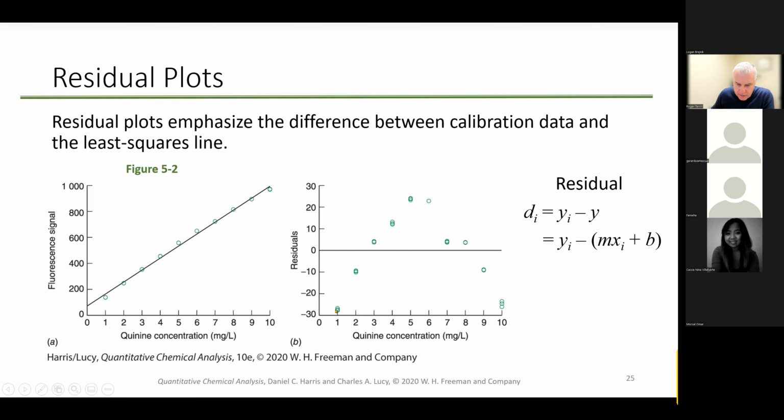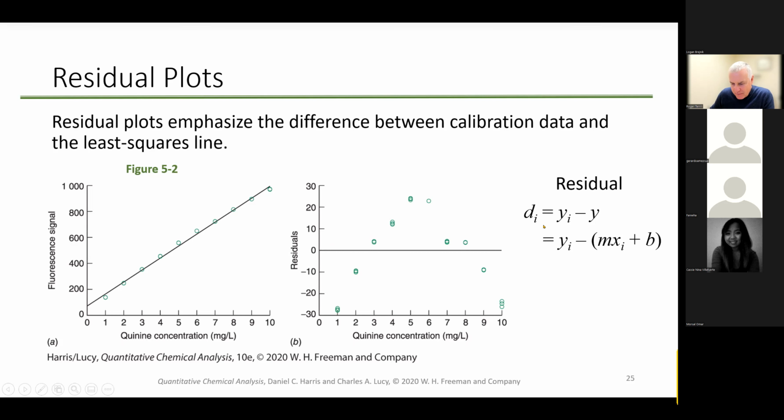And you can see that at low quinine concentration, the model underestimates, and at intermediate concentration, it overestimates, and at high concentration, it underestimates again. Go back in your mind, rewind, and replace over with under, and then we're good. Sorry. So at low quinine concentration, the model overestimates, so the residual is negative.